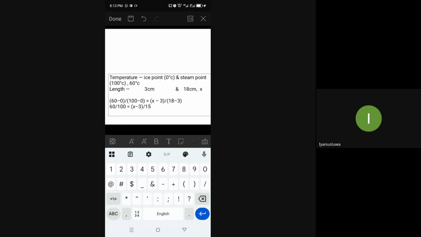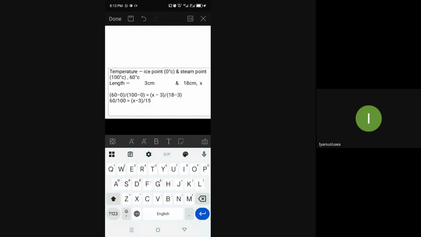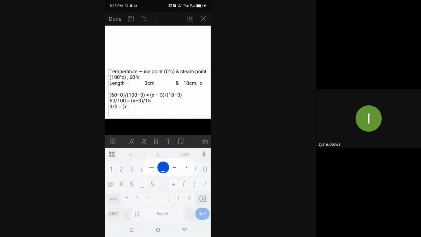So 60 over 100, we do 6 over 10, that's 3 over 5. 3 over 5 is equal to x minus 3 over 15.